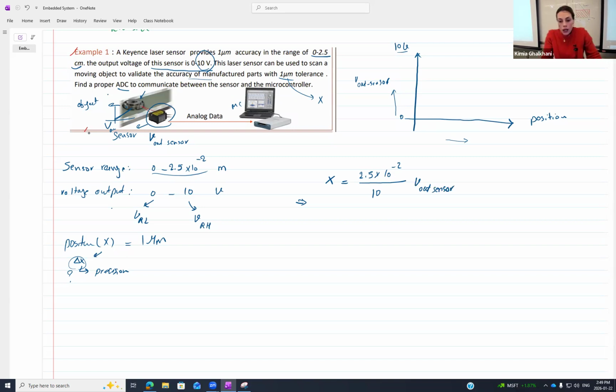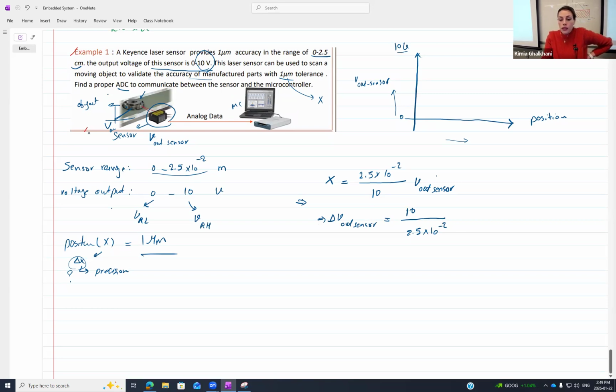Now, I already know my precision is 1 micrometer. Therefore, instead of that, I can say delta V out. Then I'm going to look for this one, and I can say delta V out sensor is, just rearranging it, 10 over 2.5, times 10 to the power of minus 2.